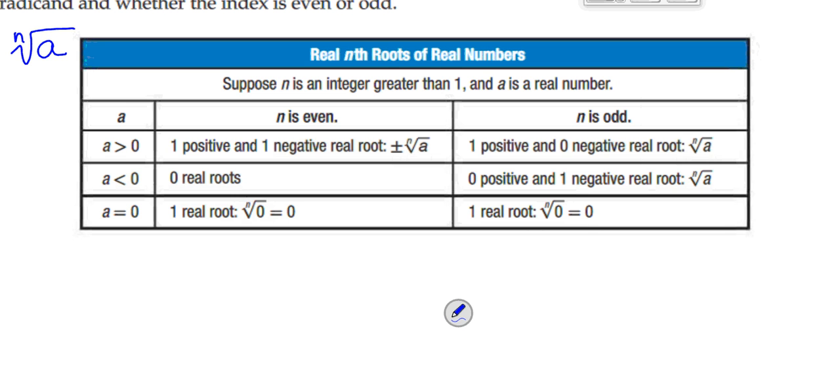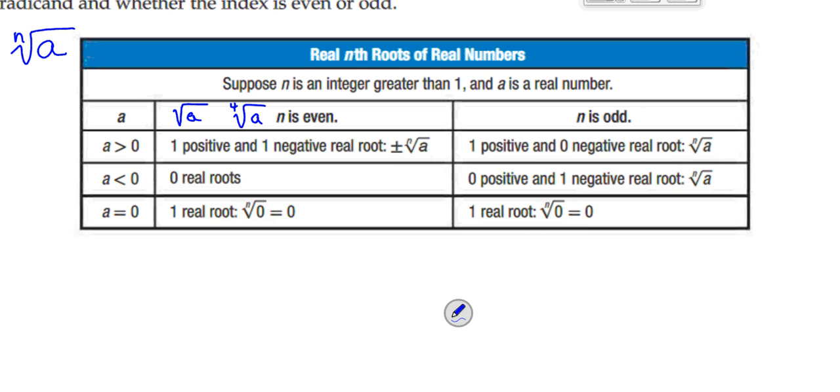So if n is even, then here are things that happen as we go down, or if n is odd. If n is even, think about going down here. This is like the square root or the fourth root of something, and A is in there.